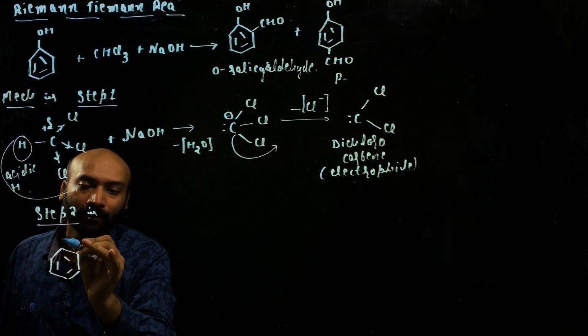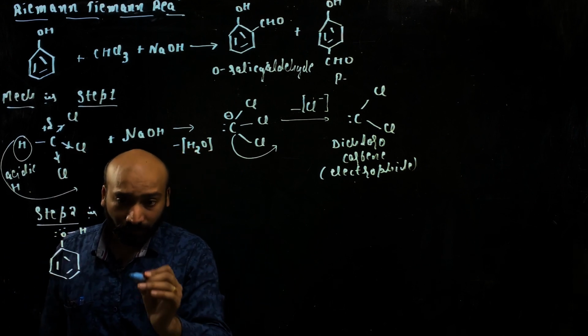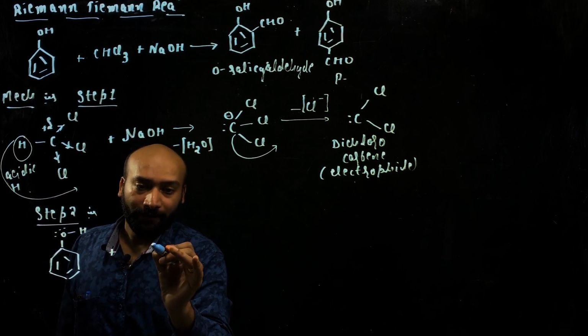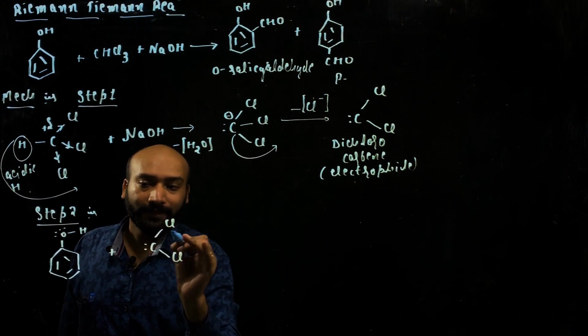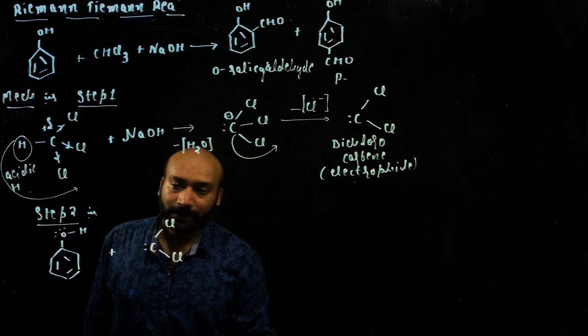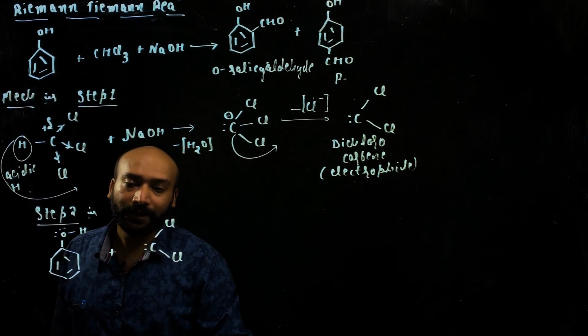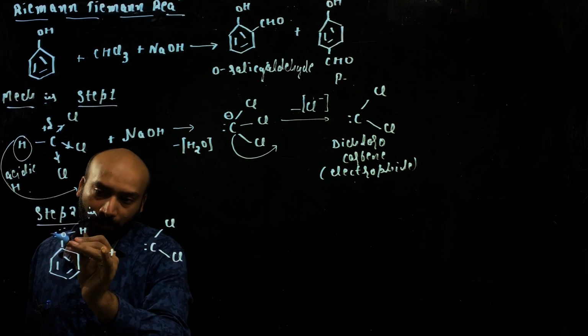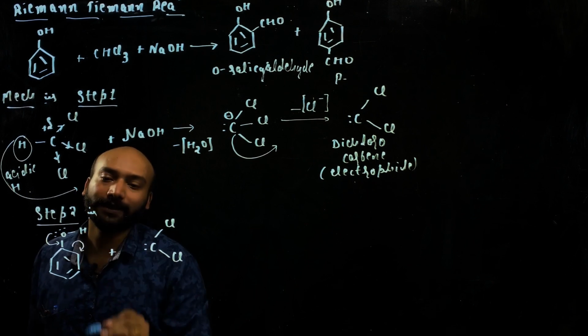In phenol, oxygen contains two lone pairs. Now, this is our generated electrophile in this reaction. Everyone knows that the oxygen of phenol is in conjugation with the pi bond. Now the lone pair moves in this direction and the pi bond breaks in this direction.